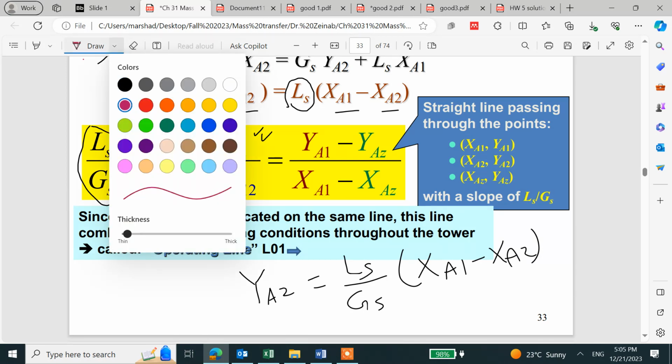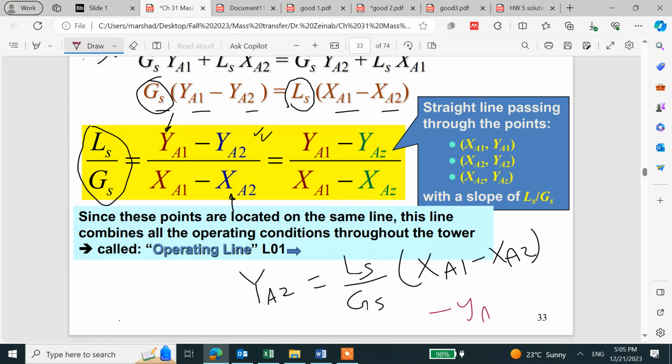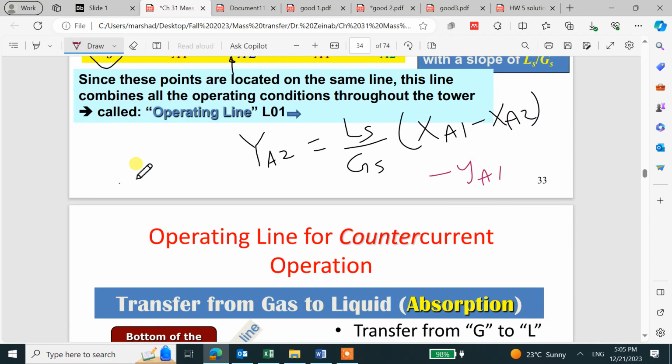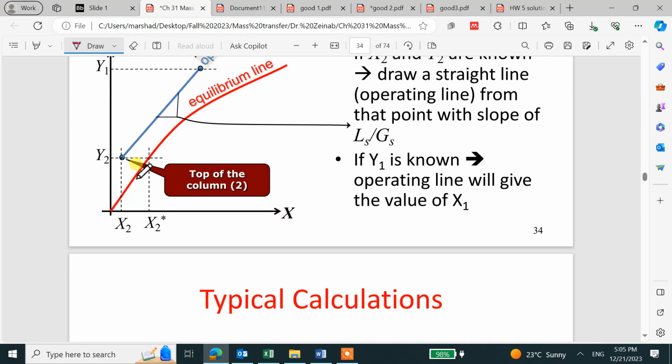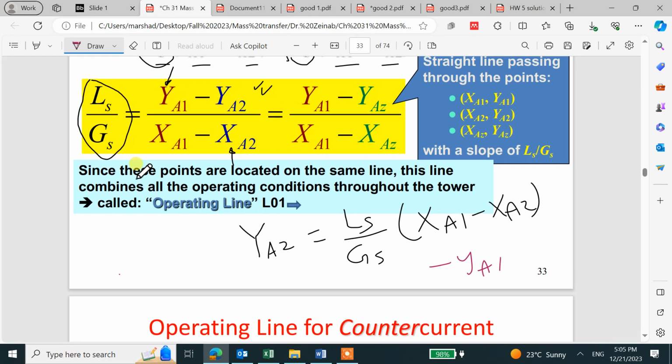Okay, so now see, this is the slope. Y equals mx plus c. This is the slope of the operating line.